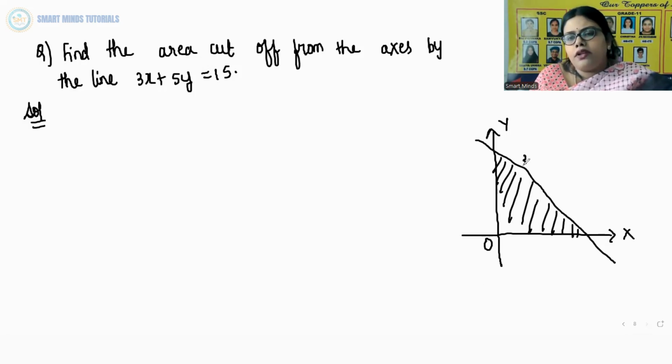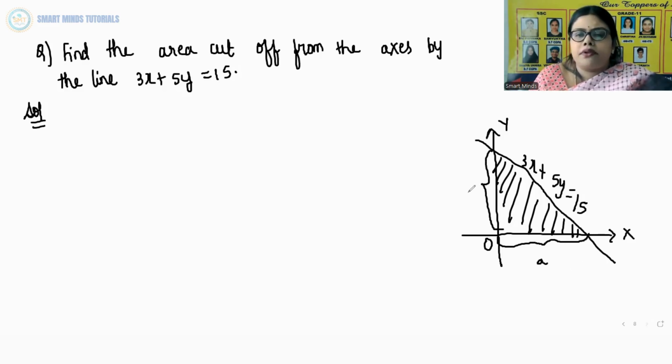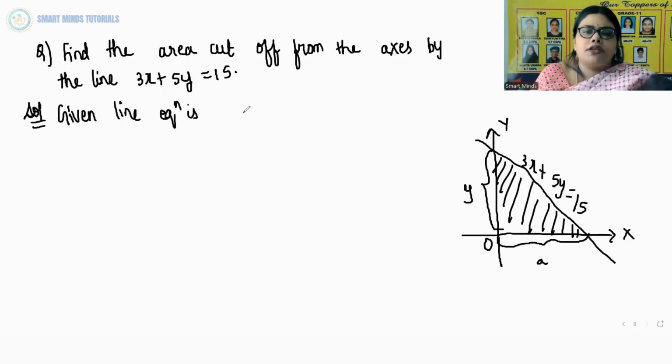And this is the line 3x plus 5y is equal to 15. Now, first we need to convert this into intercept form, because we know that this is the x-intercept and this is the y-intercept. So first let us write the given line equation. The given line equation is 3x plus 5y equals 15.